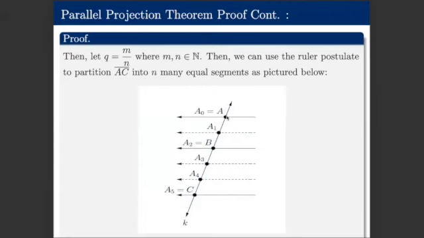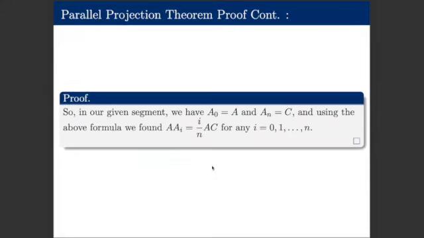Then clearly this would be AC divided by n. So in our given segment, we define our A0 to equal A and our An to equal C. And then we can take it a step further and create this new formula from A to any Ai, where i is any number from 0 to n, is equal to i over n times AC.